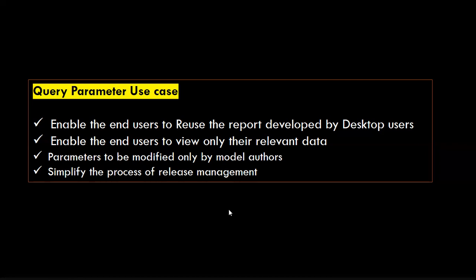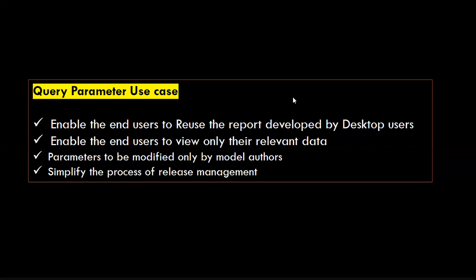Once you create the query parameter, users can reuse the report by keying in different values to the parameters. For example, you are a North region manager and you want to view only the North region, or you are the VP of sales responsible for the North and South regions.